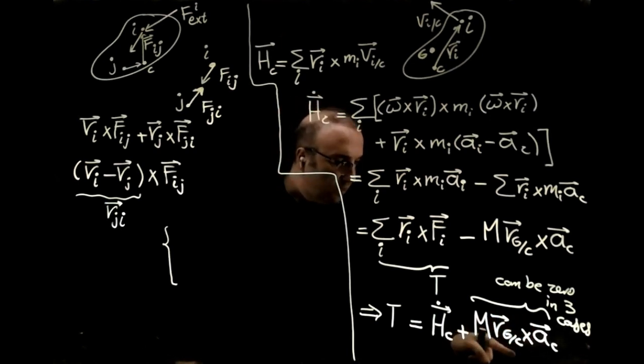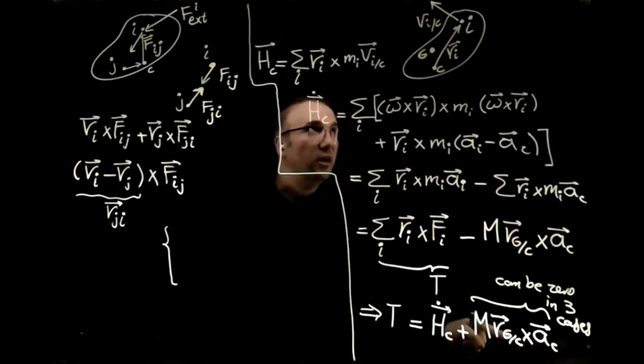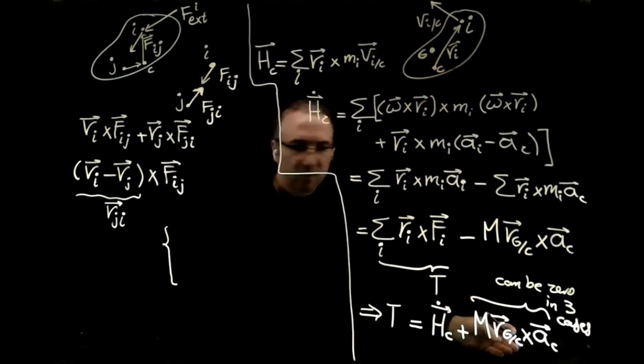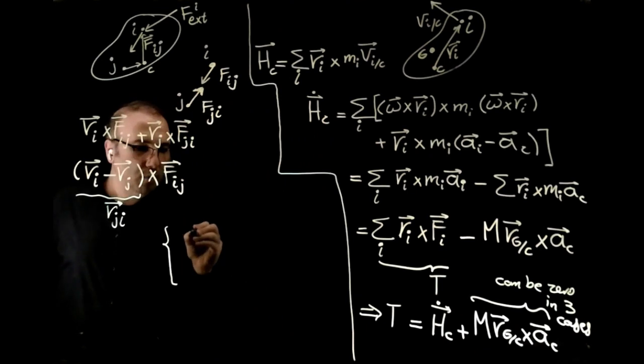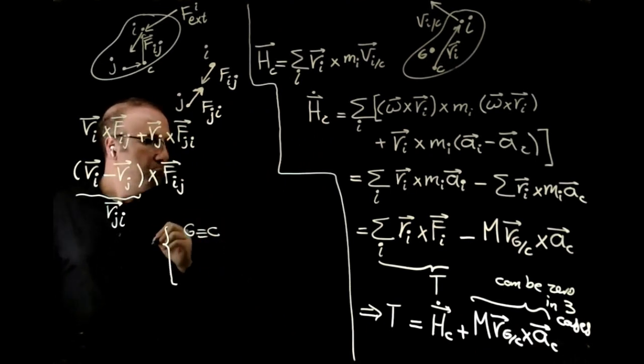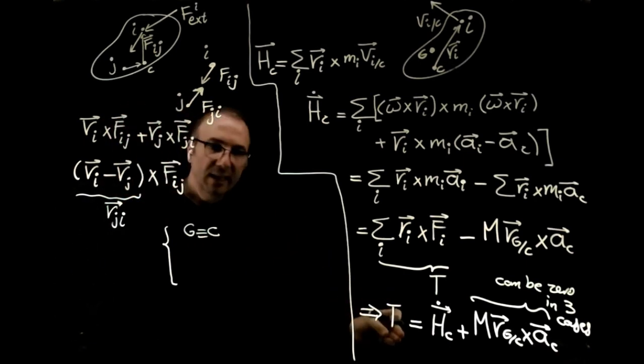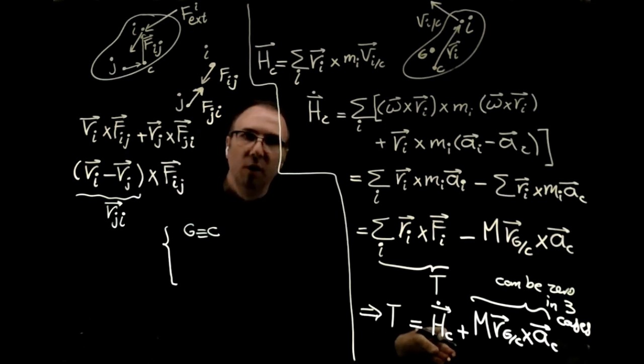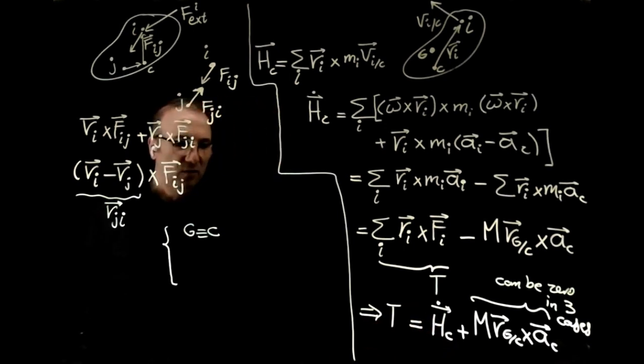So when this is zero, it means that G and C are the same. So if G and C are the same, then R from C to G, the location of G would be on top of C. So RGC would be zero. So the case one would be G is C. So we write total moment equals to the rate of change of angular momentum around center of mass.